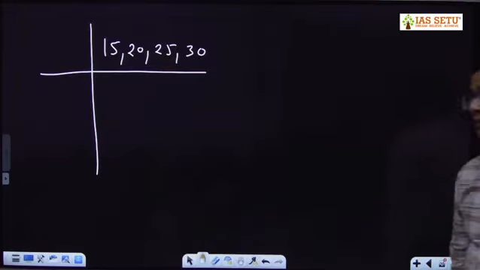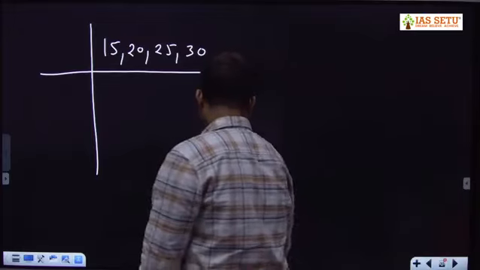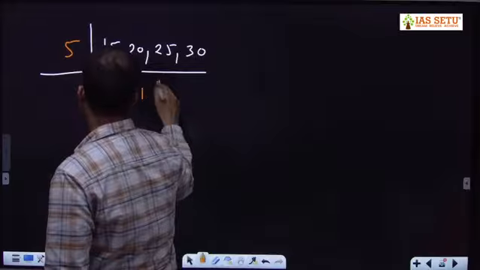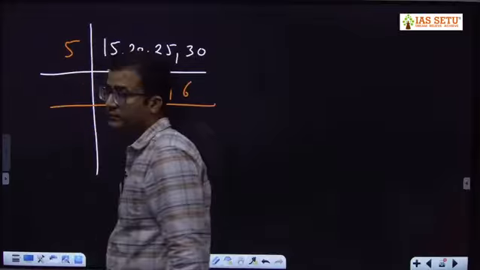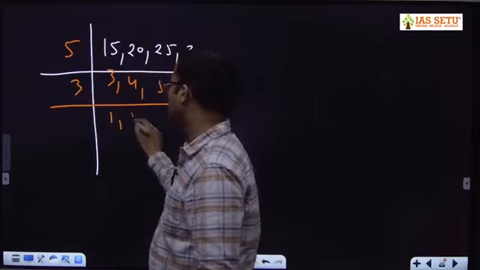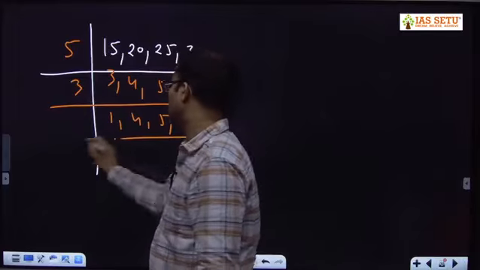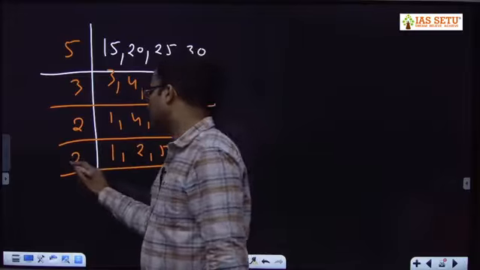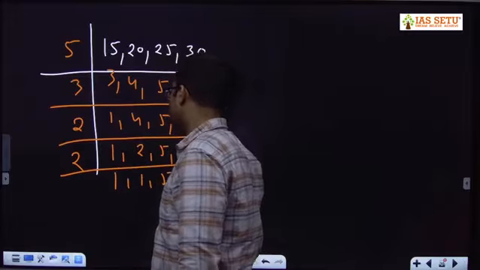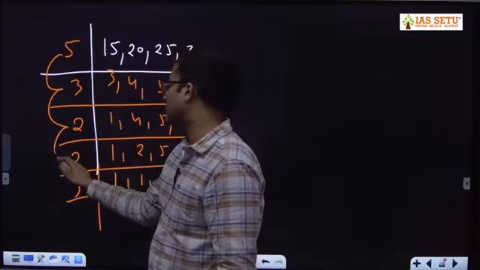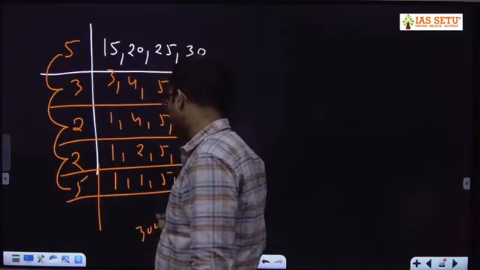All of you. So first we take 5 common. So this is 3, 4, 5, 6. Now here you can take 3 common. 1, 4, 5, 2. You can take 2 common. 1, 2, 5, 1. Take 2 common. 1, 1, 5, 1. Take 5 common. So it is 5 into 3, 15, 30, 60, 6 into 5, 300.